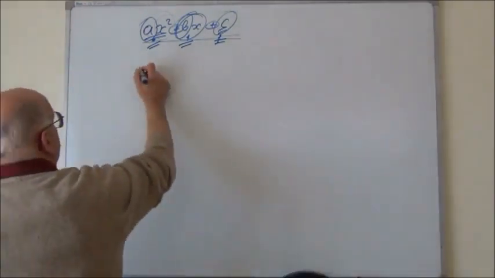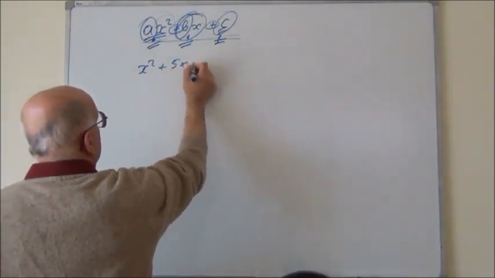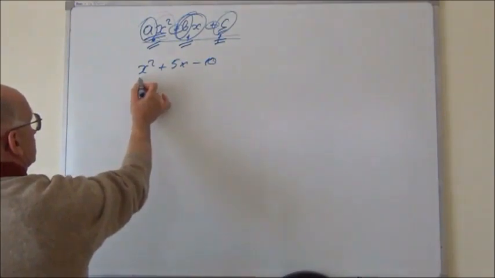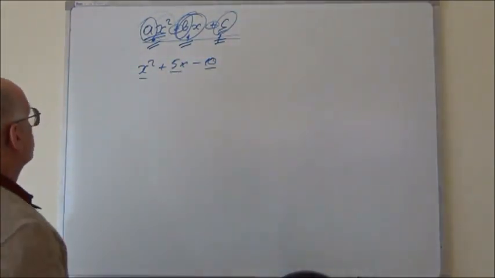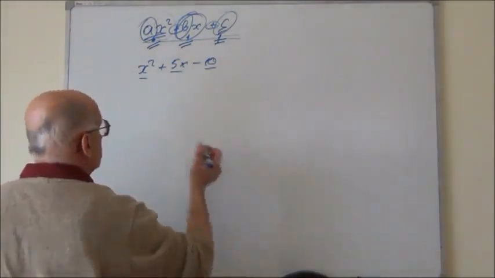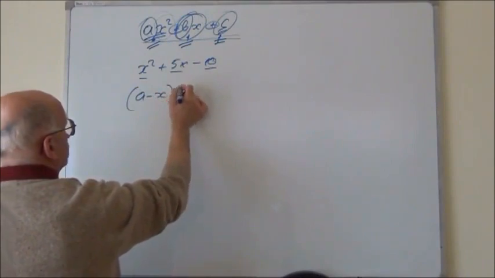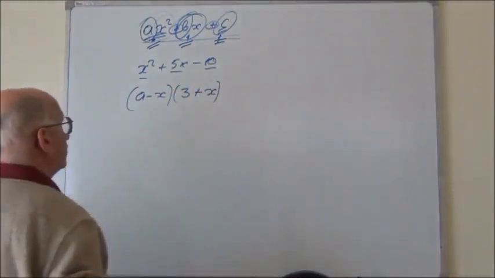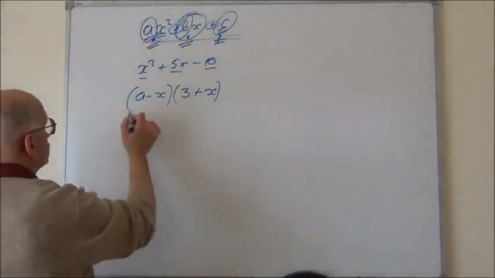So, for example, if you write, I don't know, x squared plus 5x minus 10, then we have one expression written in terms, because we have three terms. But for example, if you write a minus x multiply 3 plus x, then we have one mathematical expression written in the form of factors.